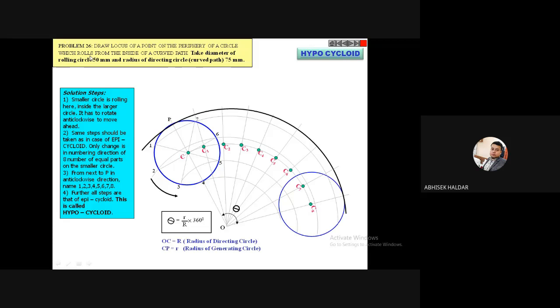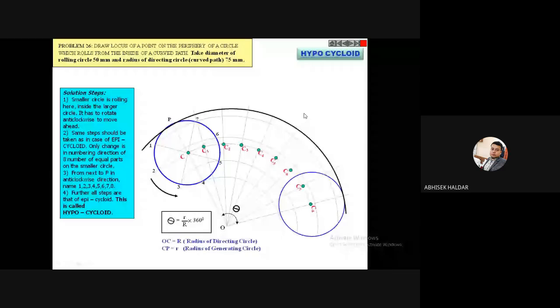So better, whatever diameter is given in the problem, take that straight line separately. Then bisect that line separately. Then you can take the radius with the help of your compass. You have to take the radius separately; you cannot measure that directly.